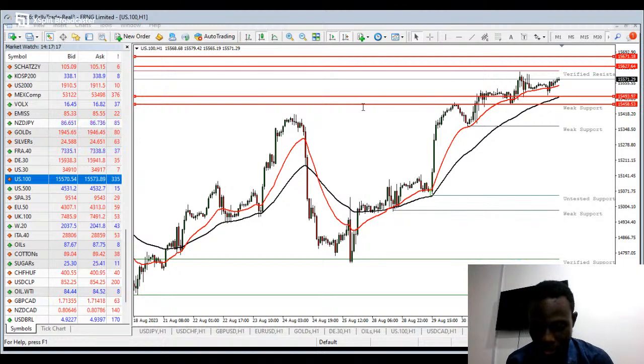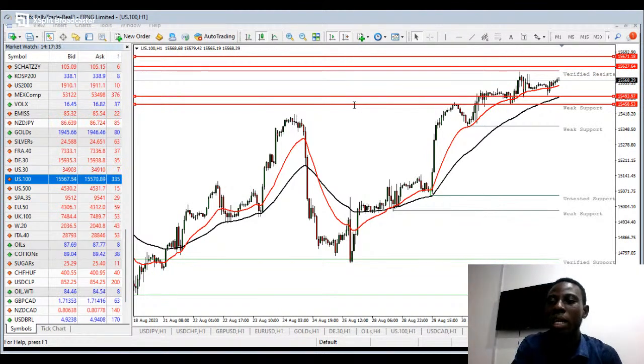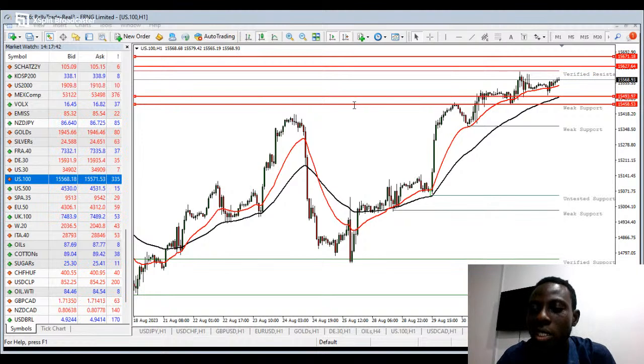That's my entry price. And my take profit is at 15671.18. That's buy stop.